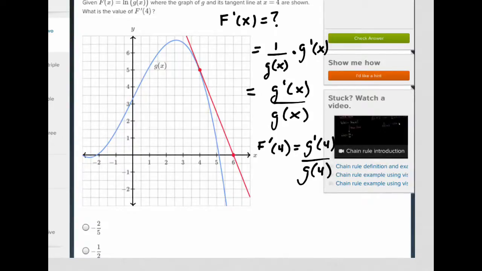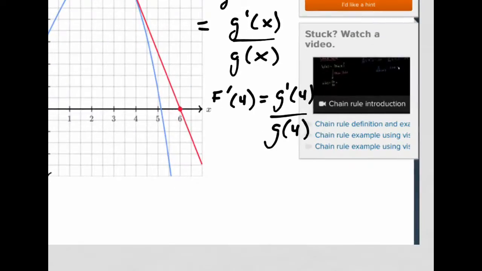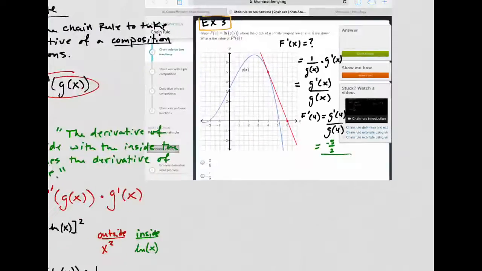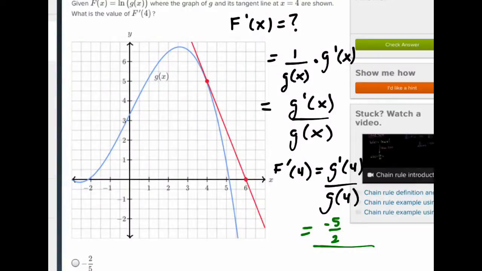And that's by counting, right? Well, from here all the way down to here is 5. So 5 over 2, and it's negative. So this would be negative 5 over 2 divided by, what is g of 4? Well, g of 4, that's using the blue function, and g of 4 is just the y value when x is 4.